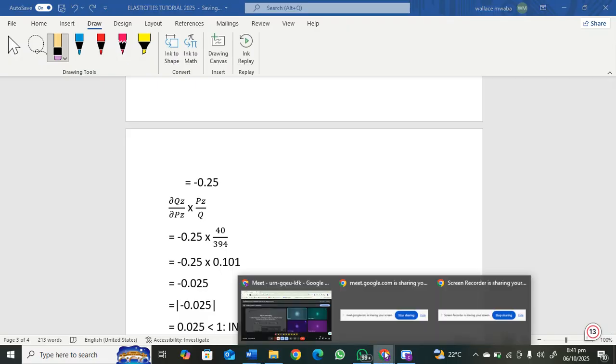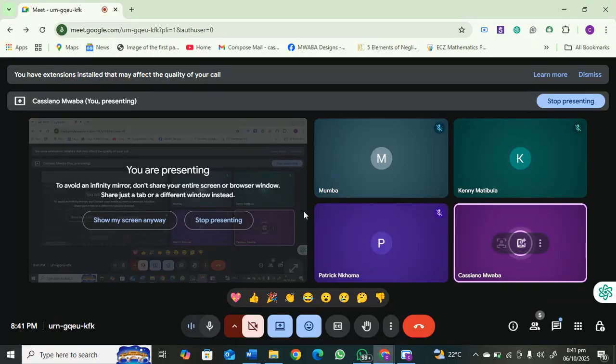The reason why you get the absolute value is because of the law of demand, because there's an inverse relationship between price and quantity demanded. So when one quantity is going up, one will be going down, so there will always be a negative sign.